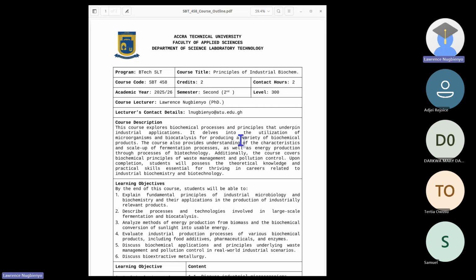It's good that I taught you biochemistry last semester, because if you look at the curriculum for industrial biochemistry, you realize that there are some overlaps with what we did in biochemistry. That is understandable because it is biochemistry, but this time around it's applications in industry.